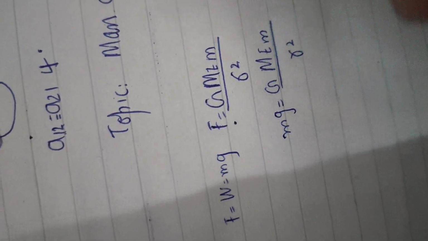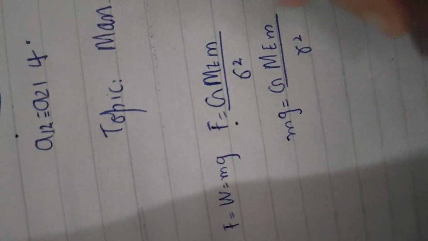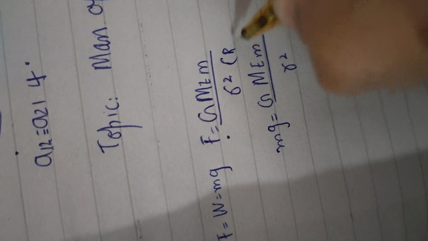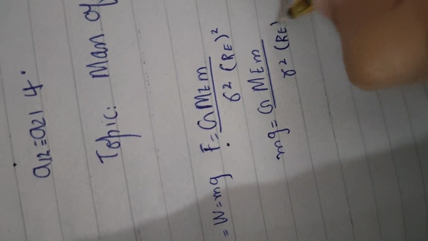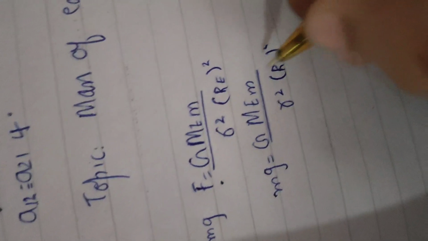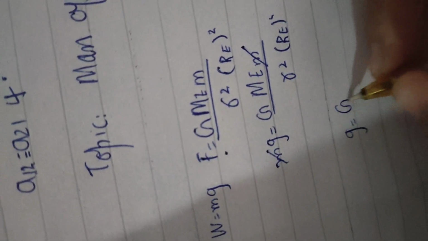Can I do this? R square, or you can say radius of Earth square, because here we are talking about Earth, right? We are finding Earth's mass. So m cancels with m here. Only capital G is remaining.